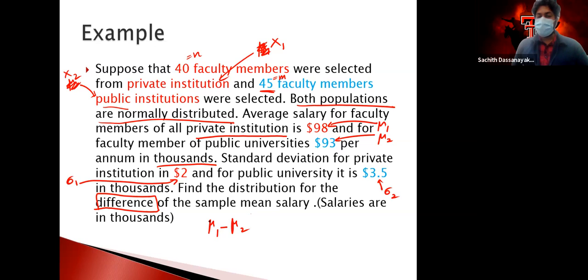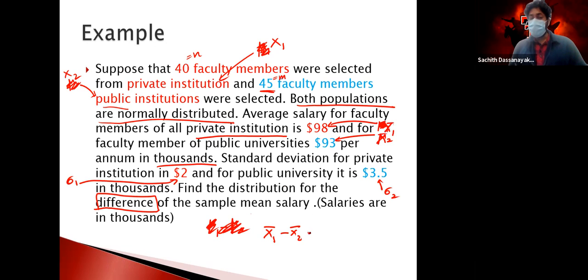This is not mu1 and mu2. This is going to be x1 bar minus x2 bar, right? Because we are talking about samples. Just don't confuse it with the parameters. Since we are dealing with samples, we are considering x1 bar and x2 bar.